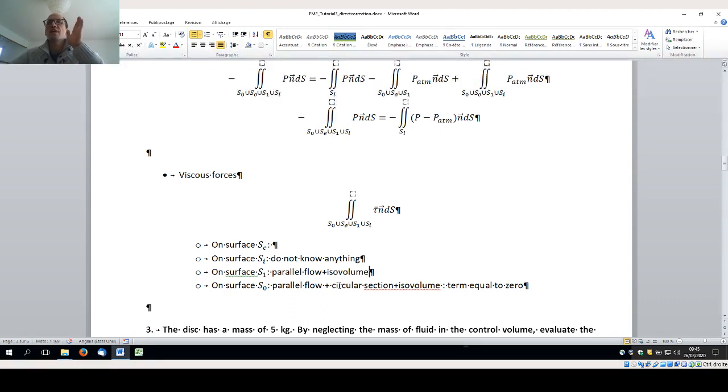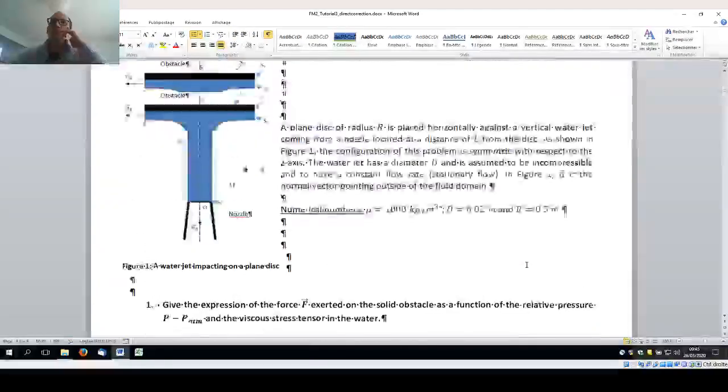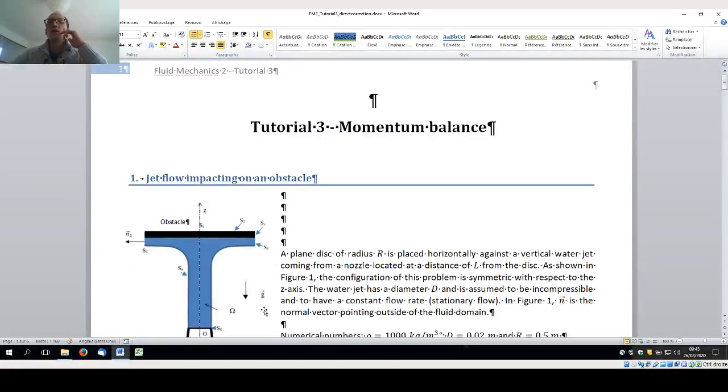So on surface S1, what I told you about this contribution of viscous forces, it's when you have a parallel flow, actually it's only associated to the gradient of velocity that you have in this section. So assuming that we are getting out in air, actually we'll have a very small gradient of velocity in surface S1. It's also the same that we have on surface SE.